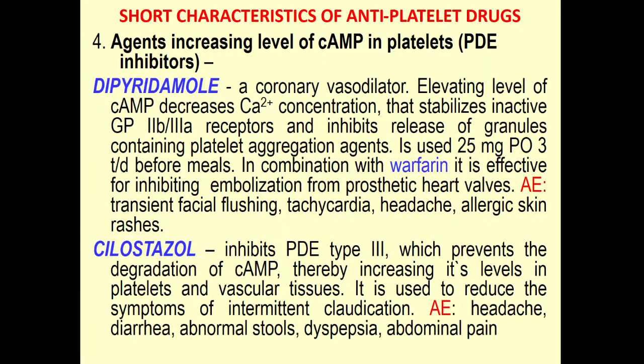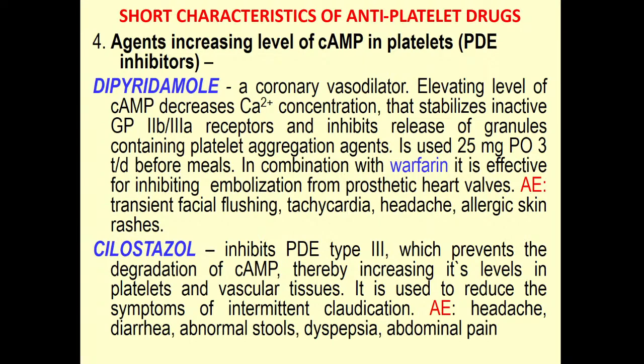Characteristic side effects are transient facial flushing, tachycardia, headache, allergic skin rashes. Cilostazol inhibits PDE type 3, which prevents the degradation of cAMP, thereby increasing its level in platelets and vascular tissues.